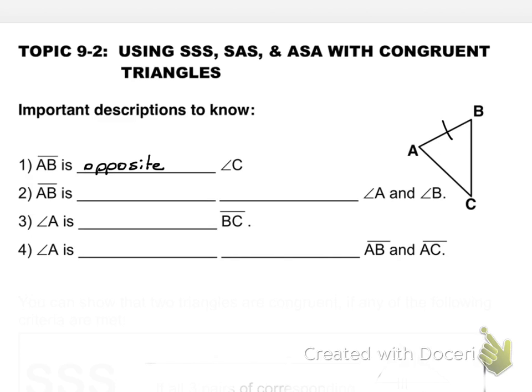Side AB is included between angles A and B. Angle A is opposite. So angle A again is opposite side BC.